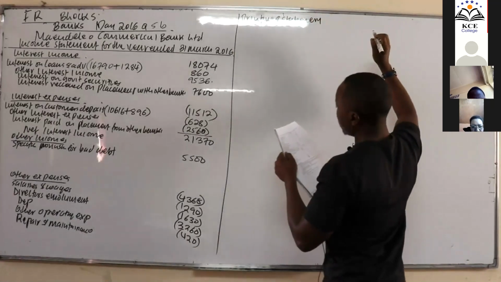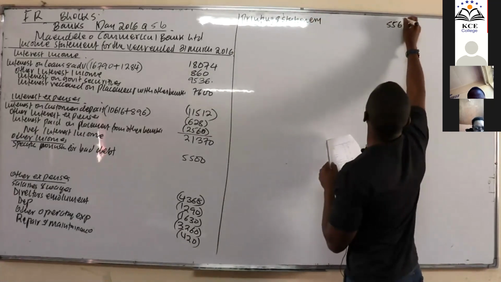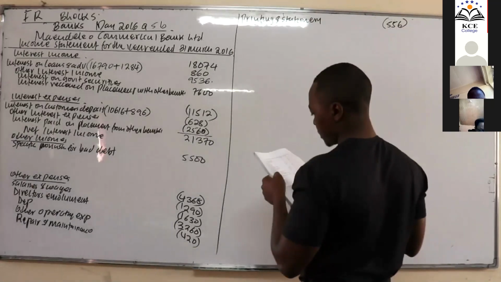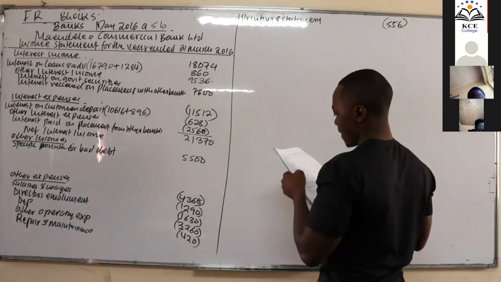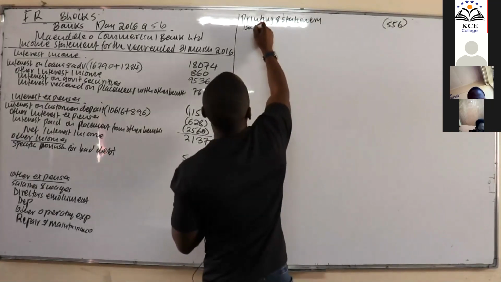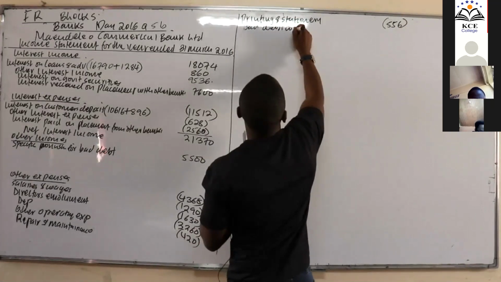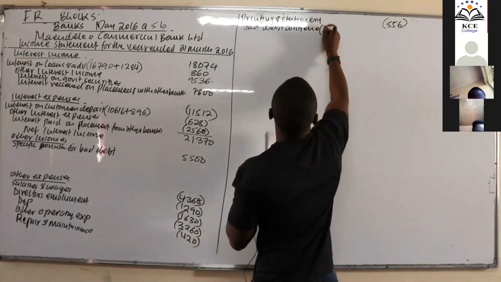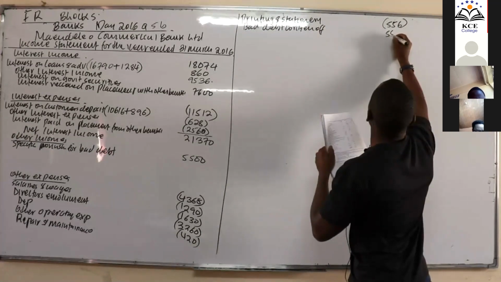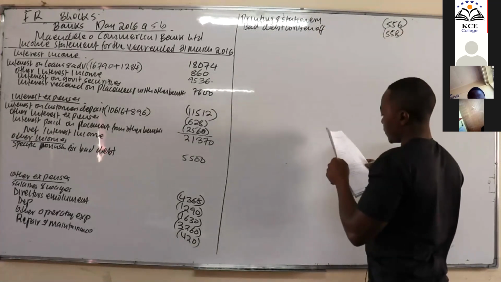Printing and stationery, an amount of 556. Then we have bad debt written off. Bad debt written off, that's an expense, an amount of 558.